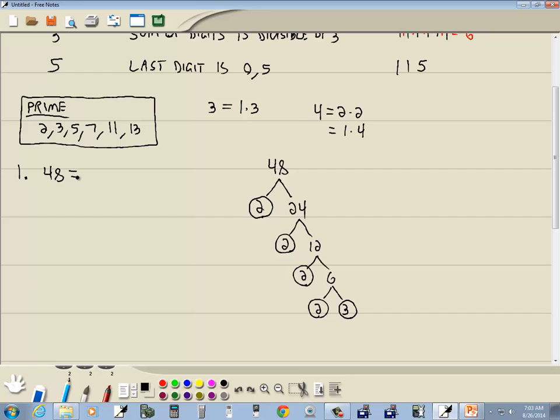So for our prime factorization, looks like we have 1, 2, 3, 4 2's. And 1 3. Now I'm happy with that answer right there. Some people like to write it this way. Since we got 4 2's, I'll put 2 to the 4th times 3. Either way is fine.